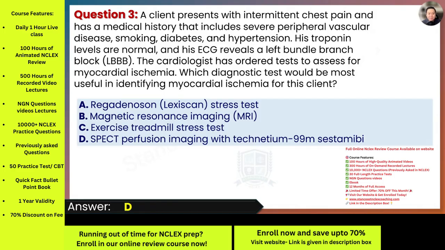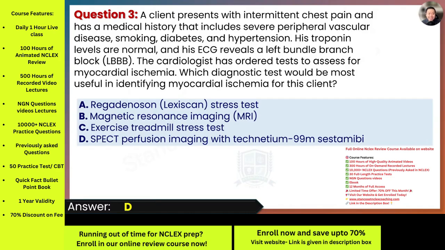Remember that the left bundle branch block can mess with the ECG readings and make it hard to spot ischemic changes, and the peripheral vascular disease can limit exercise tolerance, so not all tests are practical. That's why the best choice here is SPECT perfusion imaging, because it directly assesses blood flow to the heart and is not affected by left bundle branch block ECG abnormalities.